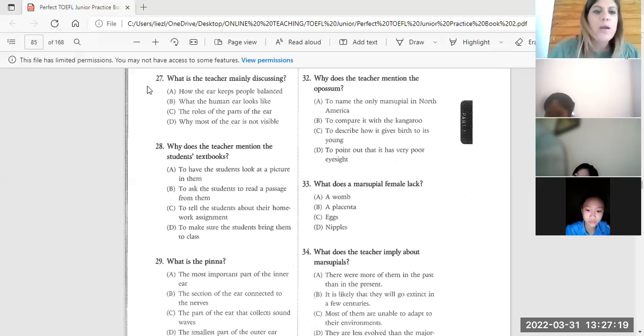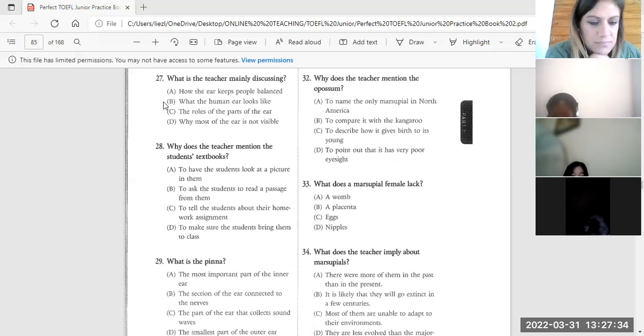I see. Number 28, why did the teacher tell them to look in their books? A. To have the students look at a picture in them, yes. She said, open your books, see them, and then she told them about it.